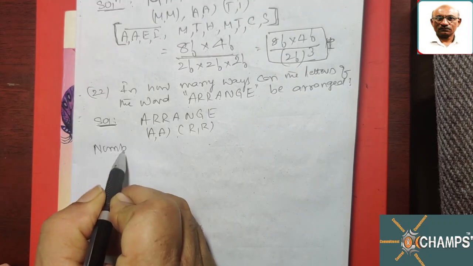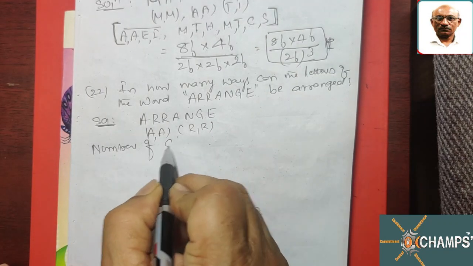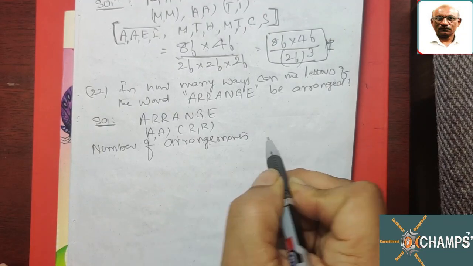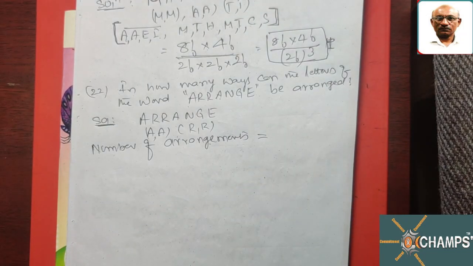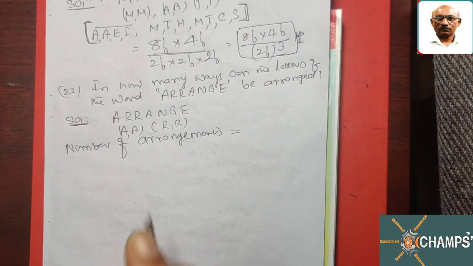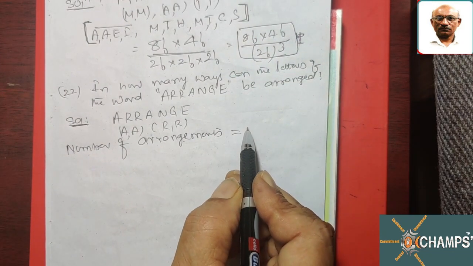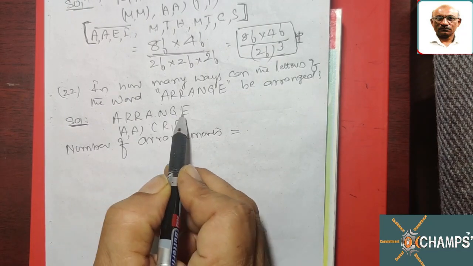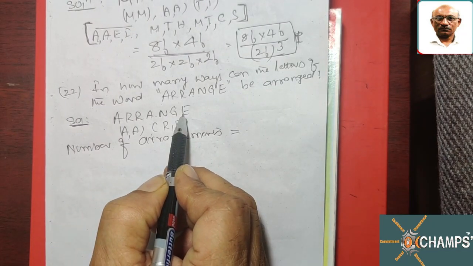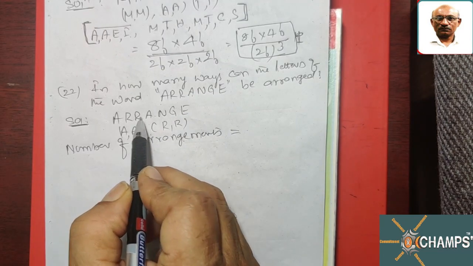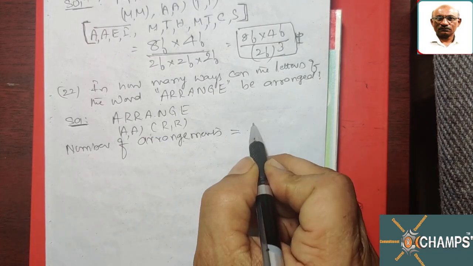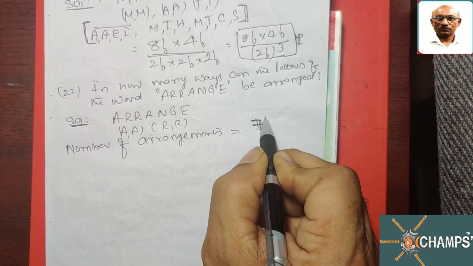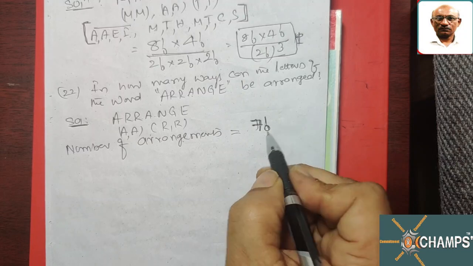So, the number of arrangements is equal to, in the numerator, what will I write? 7 factorial. Here 7 factorial means treating the letters of the given word as distinct. 7 letters can be arranged among themselves in 7 factorial ways.